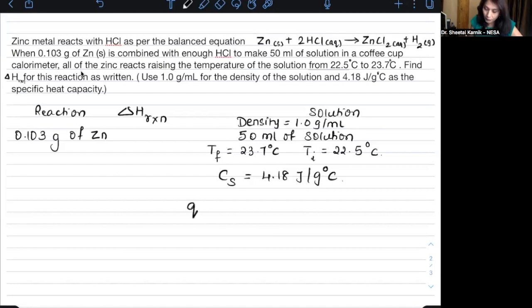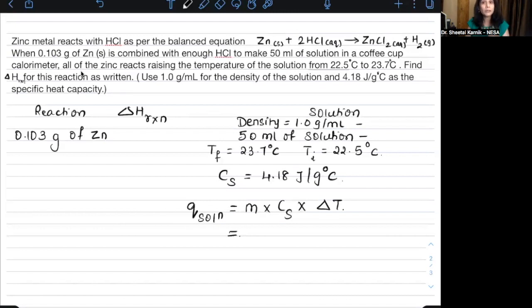So Q solution is equal to mass times specific heat capacity times delta T. Let's look into mass. In this case, I have 50 milliliters of solution, and I know that the mass needs to be in grams. I also know the density of the solution, which is 1 gram per milliliter. In other words, if I had 1 milliliter of the solution, the mass was 1 gram.